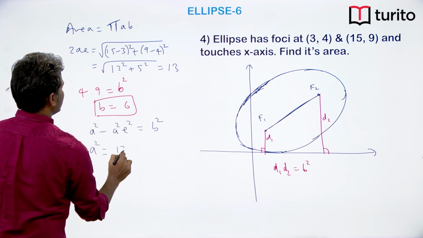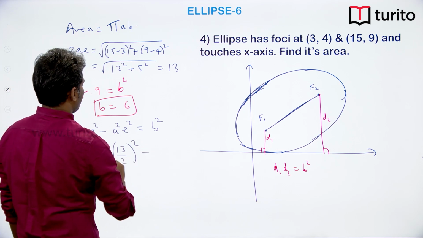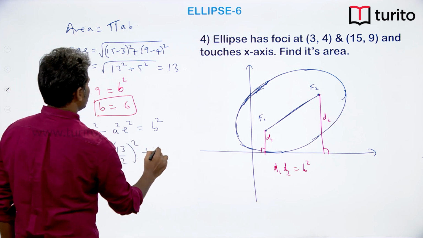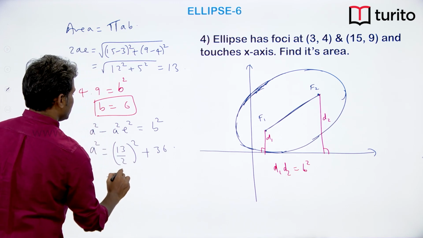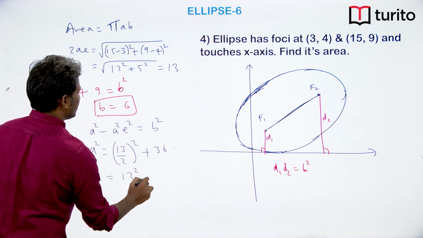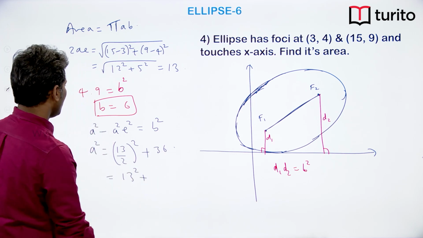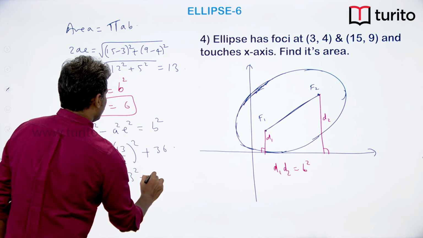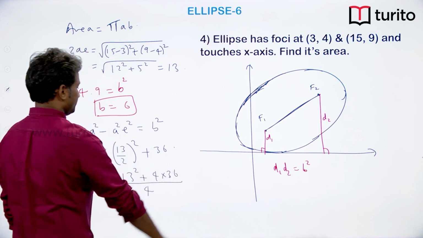So a square e square is going to be 13 by 2 whole square, and b square is 36. So here we will get 13 square plus 4 into 36, divided by 4.